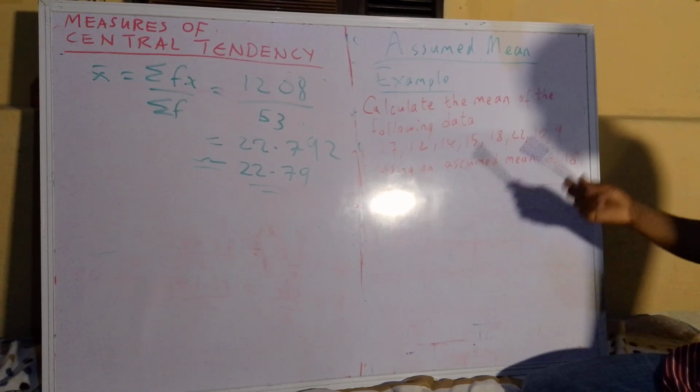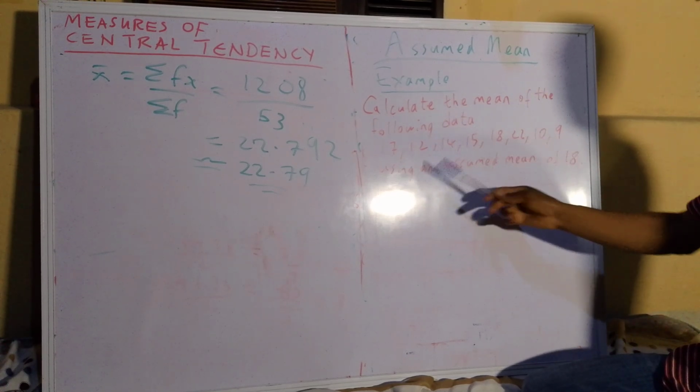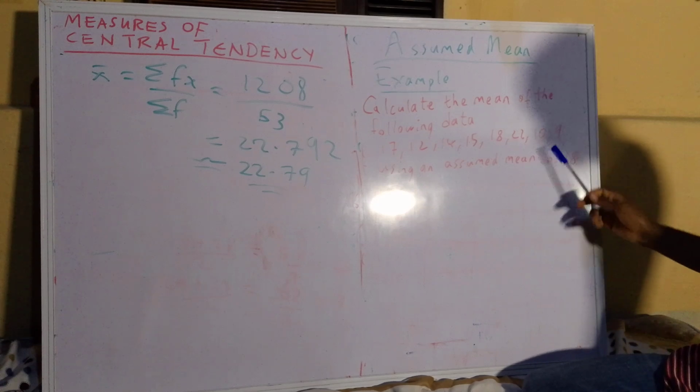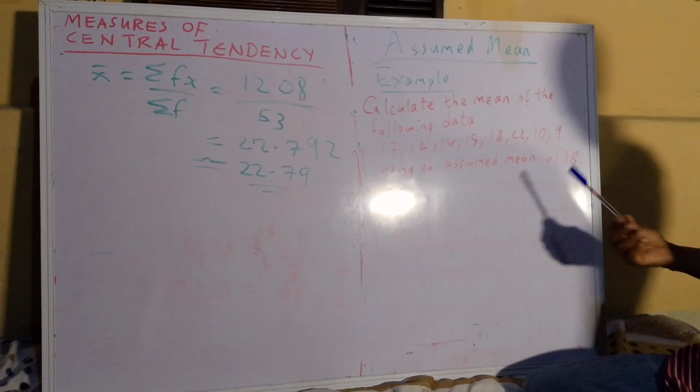So they say calculate the mean of the following data: 17, 12, 14, 15, 18, 22, 10, and 9 using an assumed mean of 18.